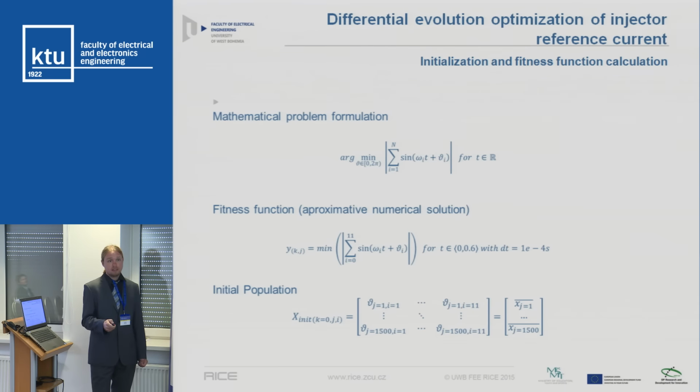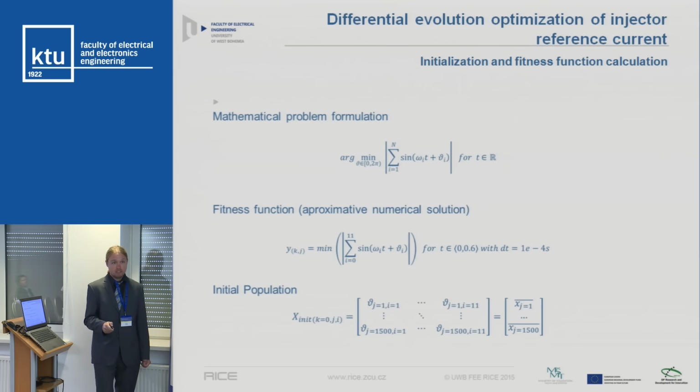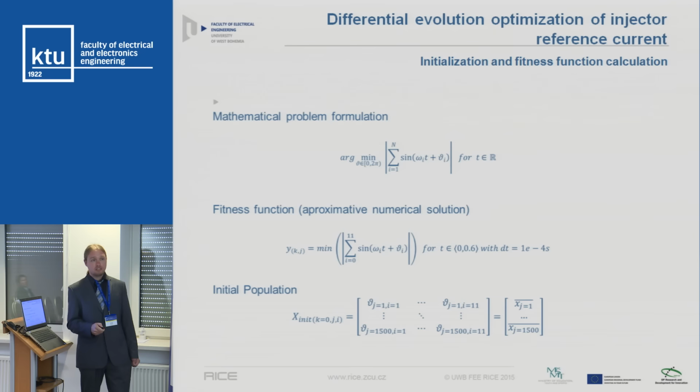In our case of 12 harmonics, we are looking for 12 thetas which minimize peak-to-peak for some time with some discrete step calculation of this fitness function. And this fitness function is used to evaluate the results for our population of solutions.